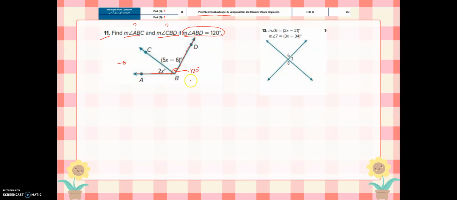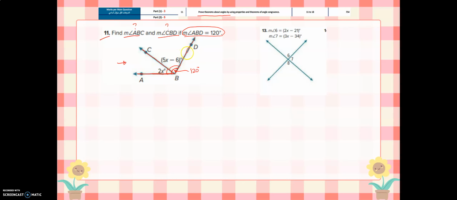120 degrees. As we can observe here, the measure of angle ABC, this is ABC, plus the measure of angle CBD, this angle right here, is equal to the measure of angle ABD.